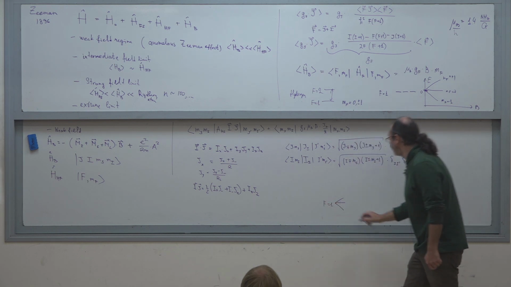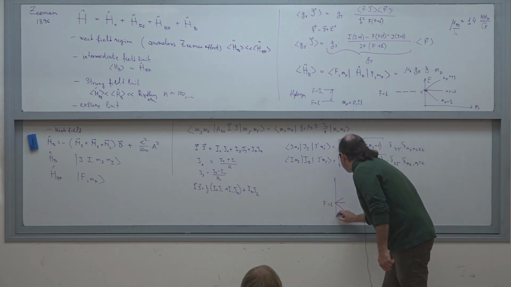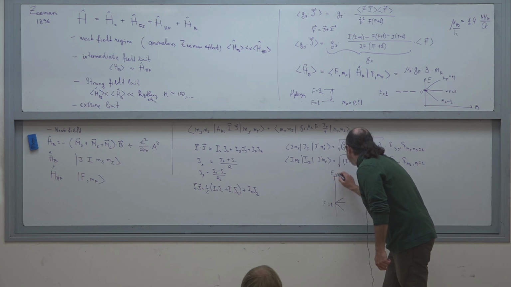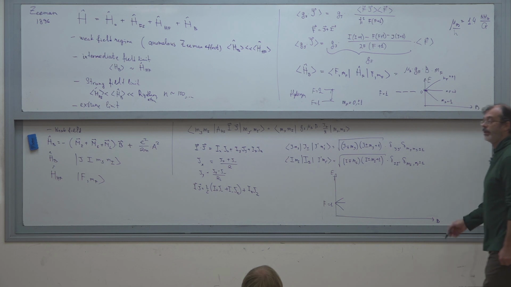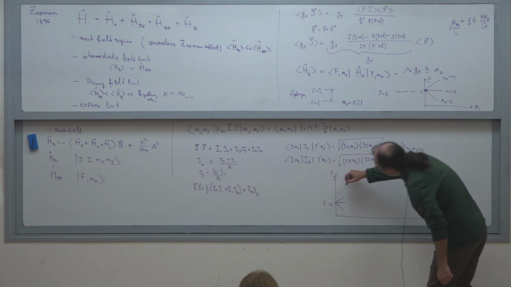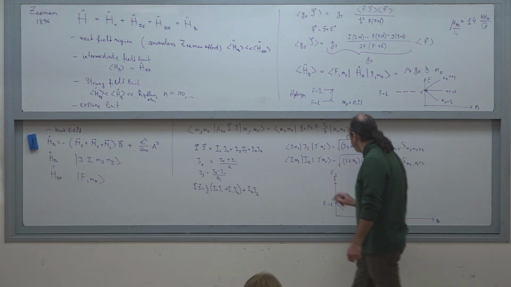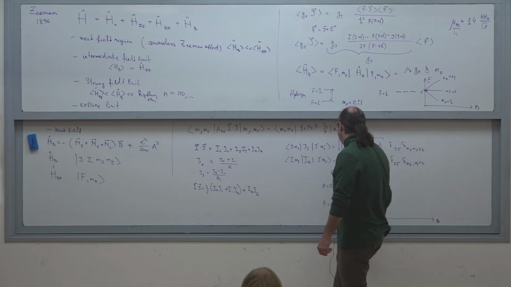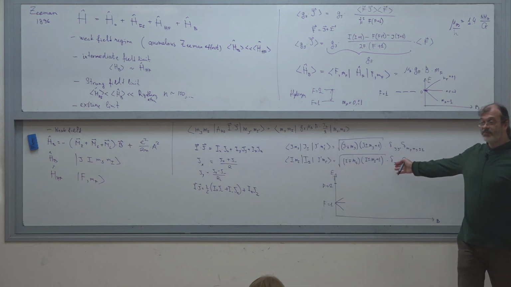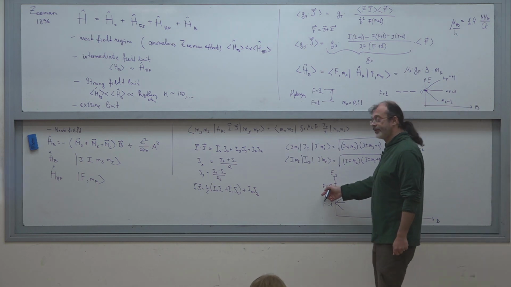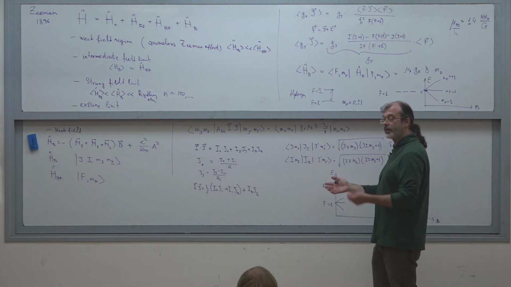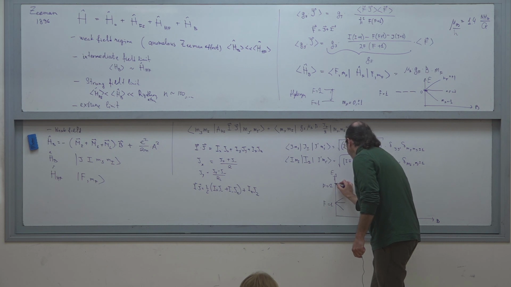This is weak magnetic field, energy, and magnetic field. Right, so here you have F equal to 2. Now this level has to be split into 5 sublevels, because F equal to 2 gives you 5 degenerate sublevels.